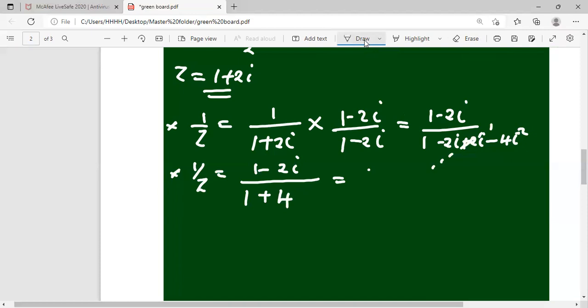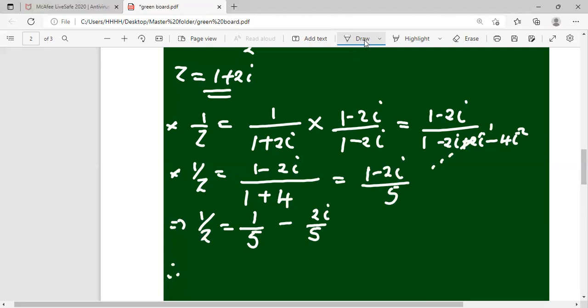So this means you've got 1 minus 2i divided by 5. If we were to break down, this implies that 1 over z is equal to 1 over 5 minus 2i divided by 5.